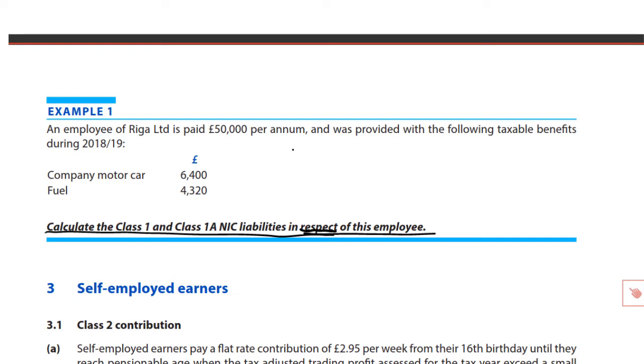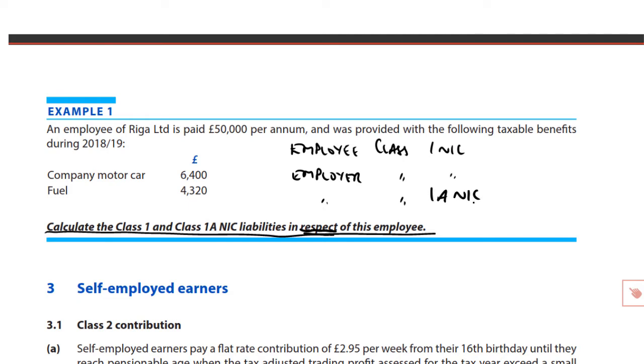That means that we've got the employee Class 1 NIC to compute. We've got the employer Class 1 NIC to compute. And we've got the employer Class 1A NIC to compute.